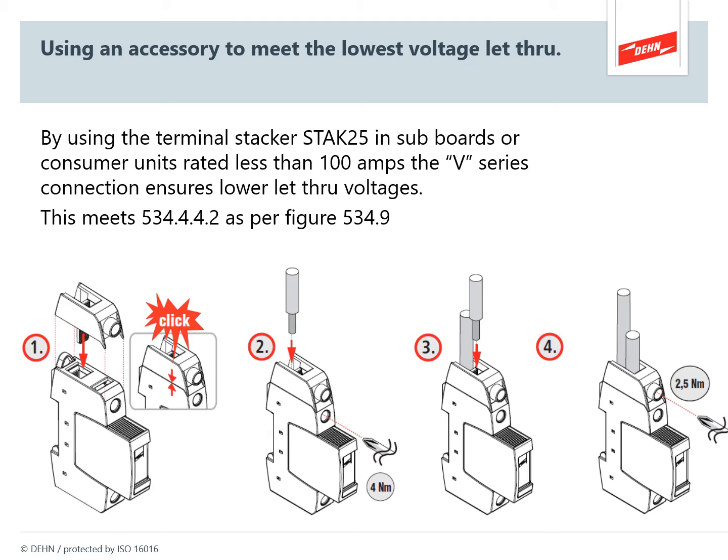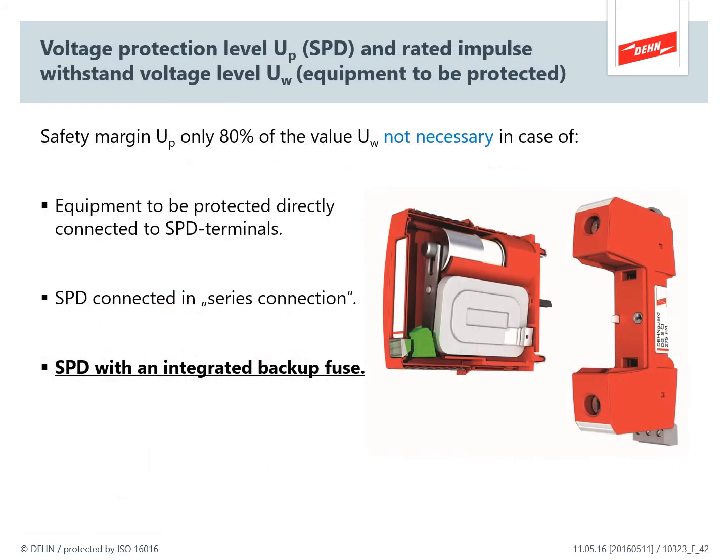So if you had a dwelling where you had some tails and the only way you could do it was to isolate, just cut the tails, you can put both ends of those tails into the terminals, and that can all happen in one slice of the SPD. So here we can see where one terminal is accommodating the first part of the tails, and then the additional terminal, the Stack 25, accommodates the other half, and it's tightened to the correct torque there.